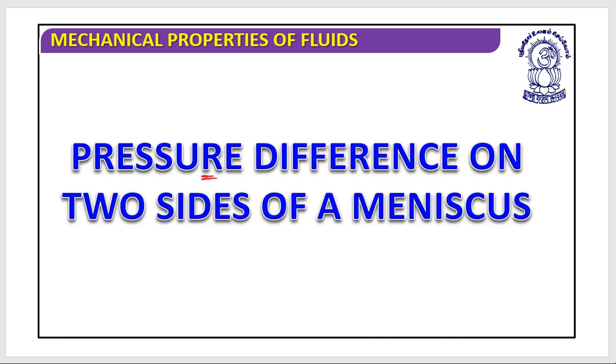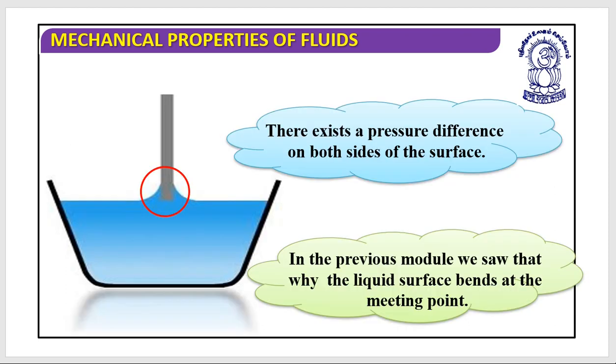Now let's discuss the pressure difference on two sides of a meniscus. When I find the meniscus of this kind of surface, there exists a pressure difference on both sides of the surface.